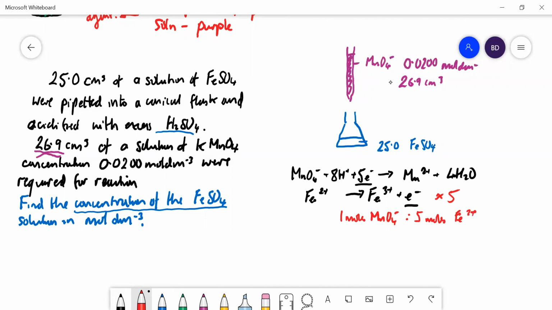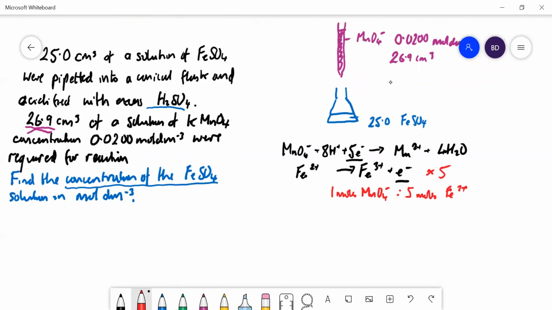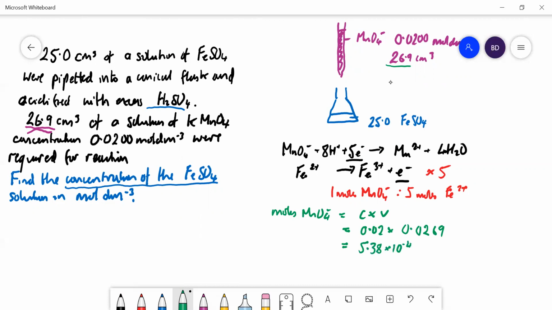Okay, so let's do the working out then. So, moles. How many moles of manganate have we got first of all? We'll do concentration times the volume. So the concentration is 0.02 multiplied by the volume, 26.9 over 1,000, so that's 0.0269 dm³, of course, and that is equal to 5.38 × 10⁻⁴ moles of manganate.